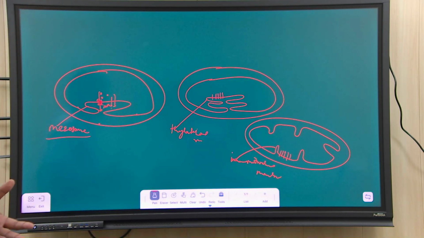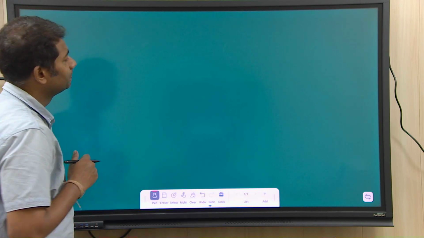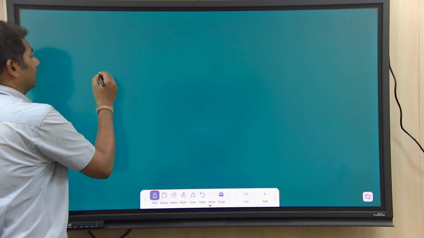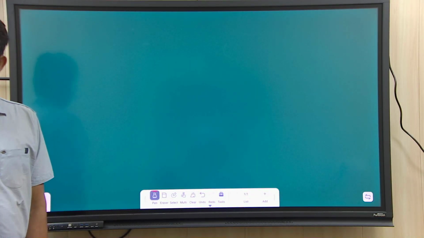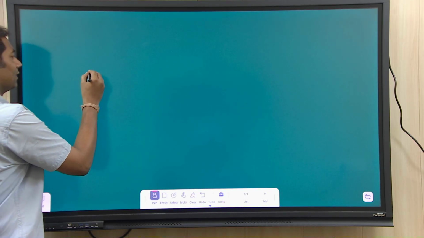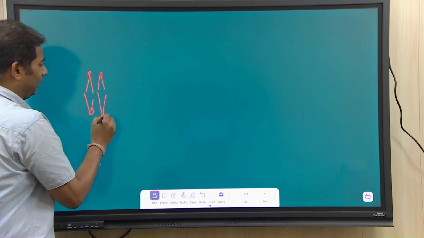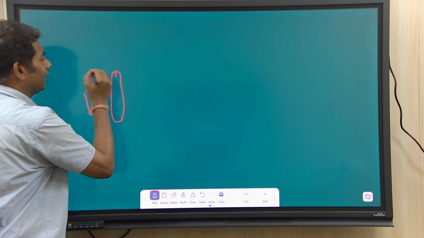But the second question now is, how is this gradient created across the membrane? How does the cell create this gradient? I want to explain to you. The cell performs a specific mechanism. I am taking the example of photophosphorylation. In this case, this is the inner thylakoid membrane, and we have a specific molecule, the light harvesting complex associated with the reaction center.